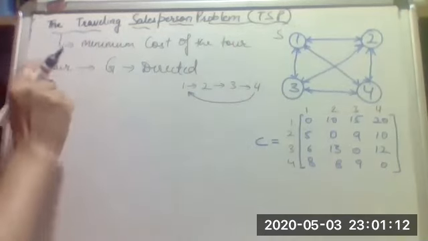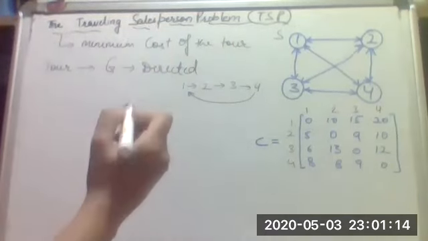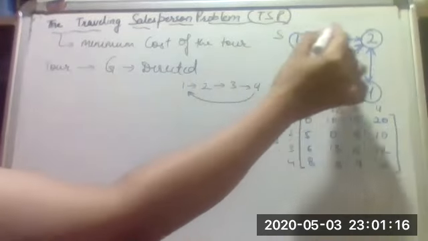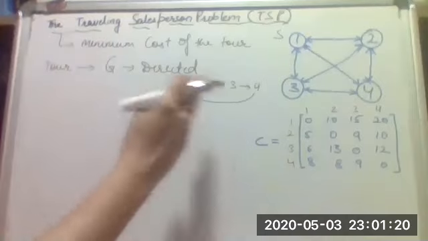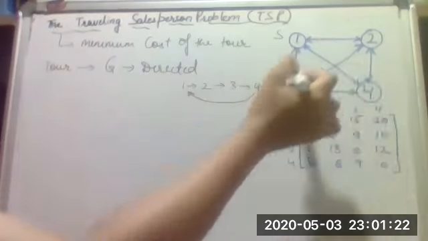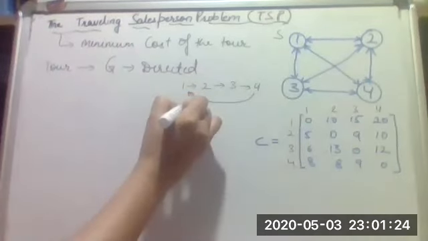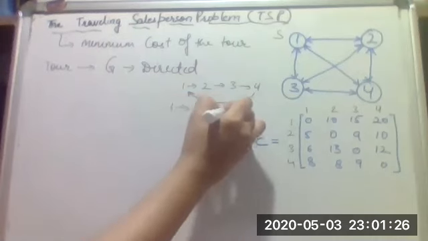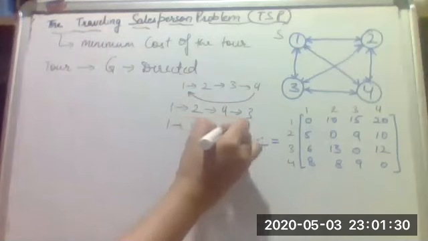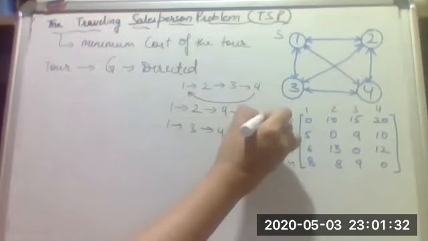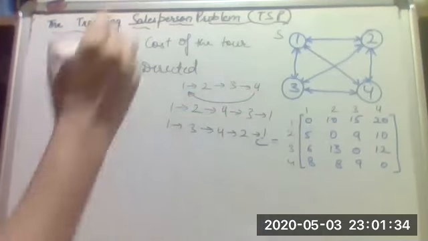What we need to find in TSP is the minimum cost of that tour. That tour can be 1, 2, 3, 4, or in this case 1, 2, 4, 3. It can be 1, 3, 4, 2 and returning back to 1.